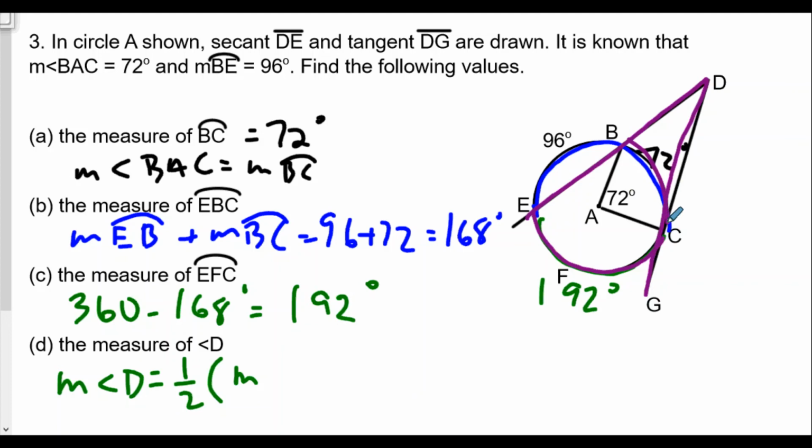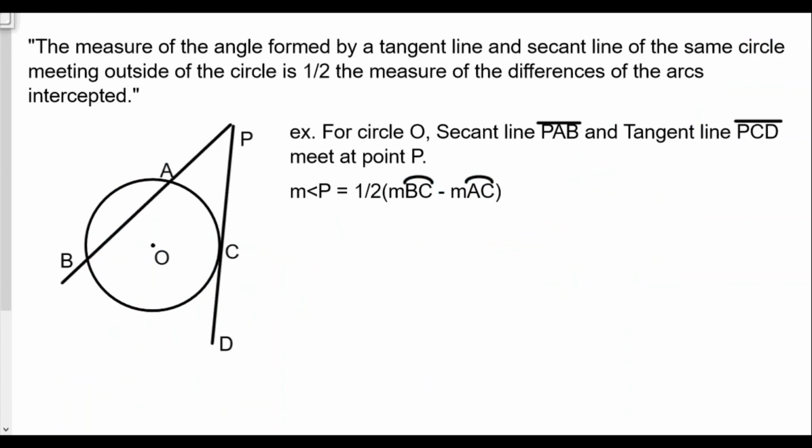And so here, again, same idea from before, that the measure of an angle formed by a tangent line and a secant line whose vertex is outside of the circle is 1/2 the difference of the intercepted arcs. So here, if we had this same idea that secant line PAB and tangent line PCD, the measure of angle P is equal to arc BC minus arc AC divided by 2.